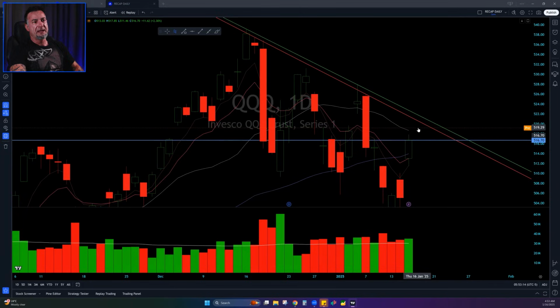So if we're going to open here and we pop at the open, the odds dictate it will most likely come into this red day and then fail back down to test support, which could be a moving average, high of day, or previous close.